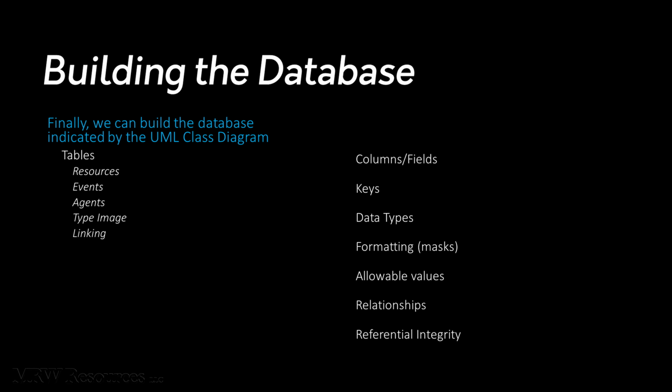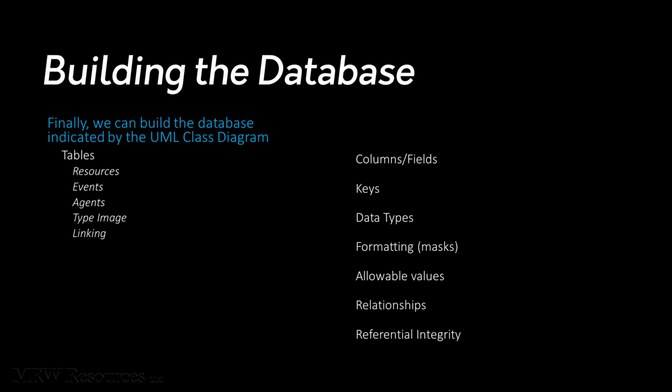We'll need a table for each resource, for each event, and for each agent class. We will also need a table for each type image class. And then we'll analyze the associations in our class model, and wherever we see a many-to-many association, we know we'll also need another table, a linking table.